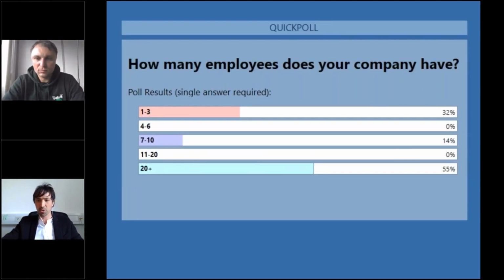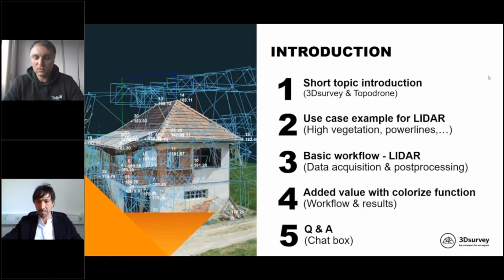So we have a bit more than 30% with 1 to 3 employees, so small companies, then 40% 7 to 10, and I'm super surprised, 55% of 20 plus employees companies. So really good, really good. It's a professional technology, and that's why also big companies are already there.